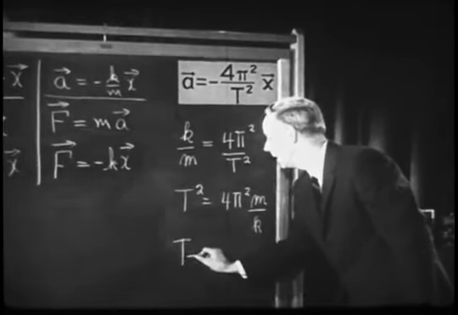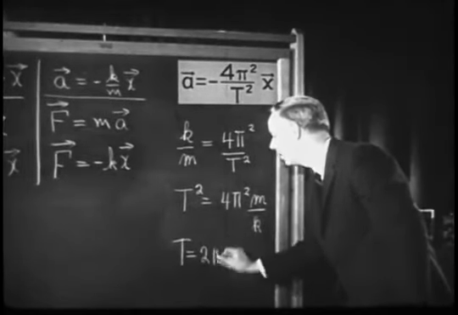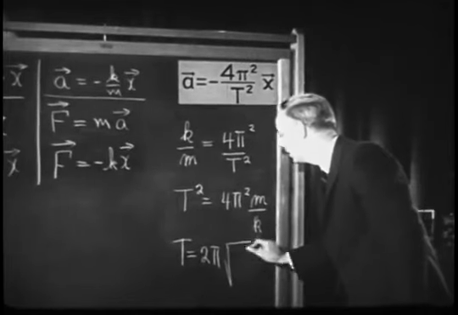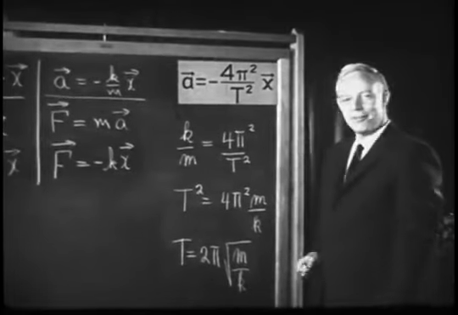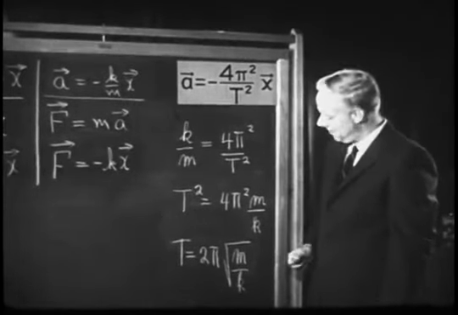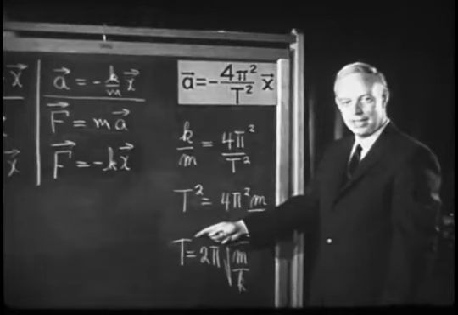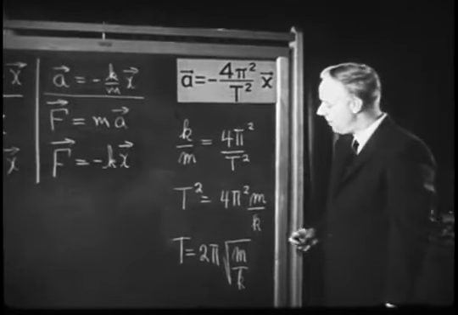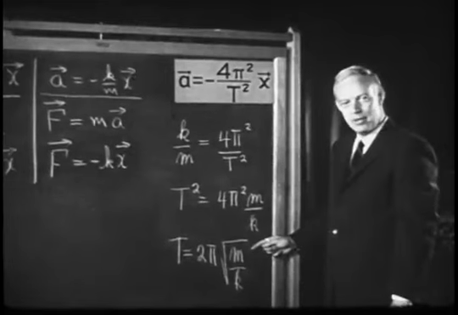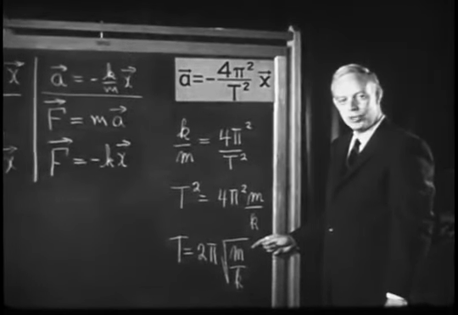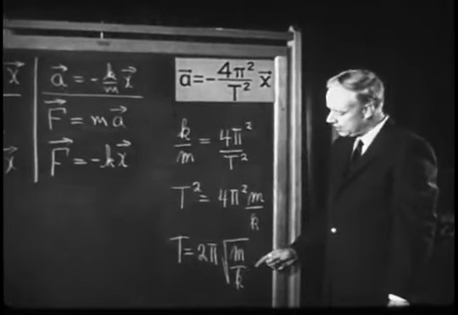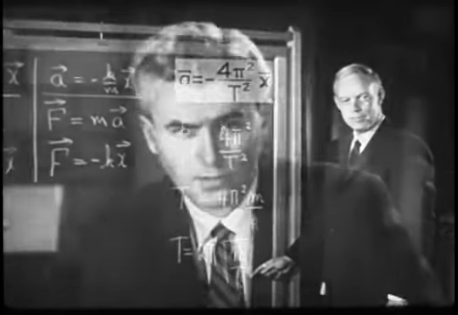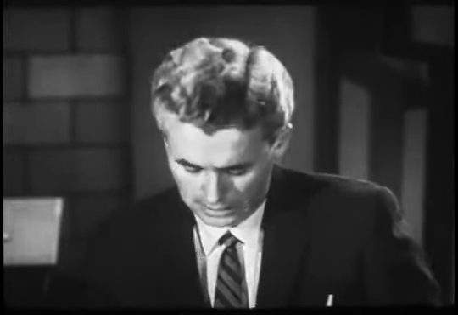T is equal to 2 pi times the root of m over k. Finally, we have it, an expression for the period T. The period of a mass m moving in simple harmonic motion under the influence of a restoring force whose force constant is k.